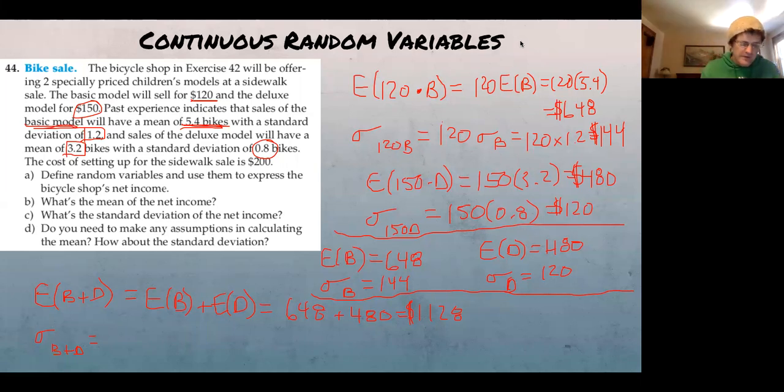If we have multiple standard deviations that we're trying to combine together, we have to combine the variances instead. So I've got the standard deviation for basic bikes and a standard deviation for deluxe bikes. I have to combine these together using that Pythagorean theorem of statistics.